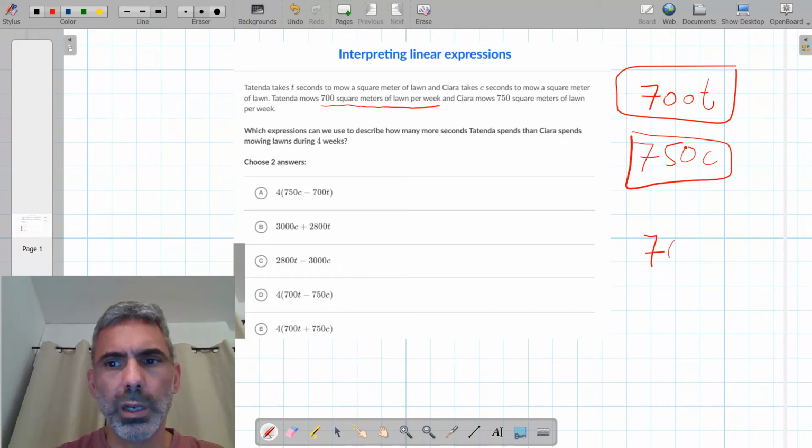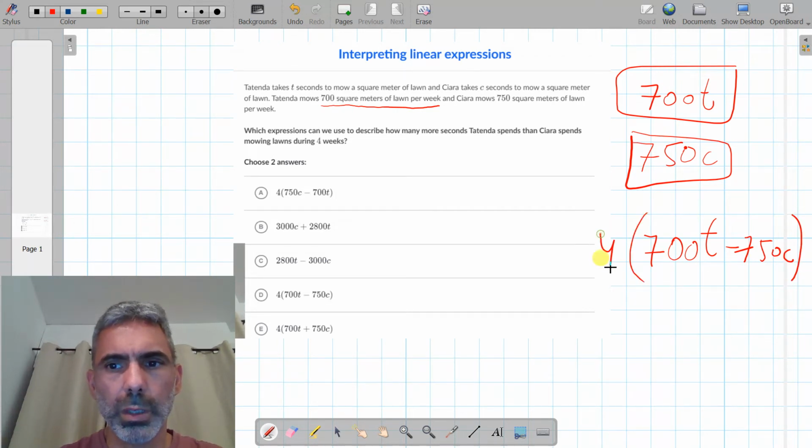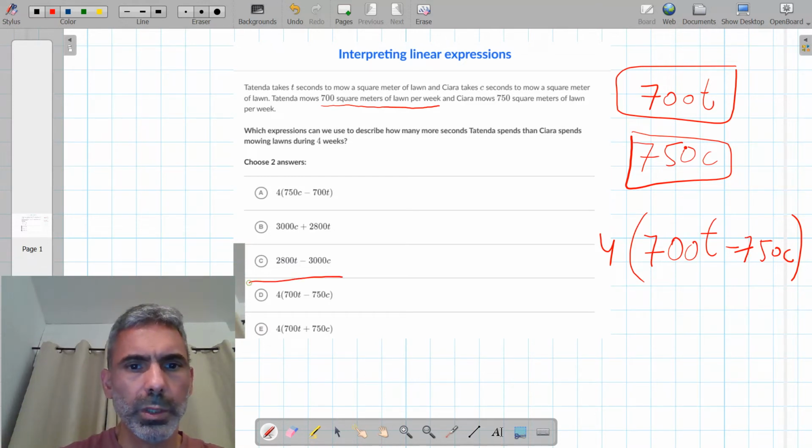So 700T minus 750C, that's the difference between Tatenda and Ciara per week. We need to multiply this by 4. So this is correct.